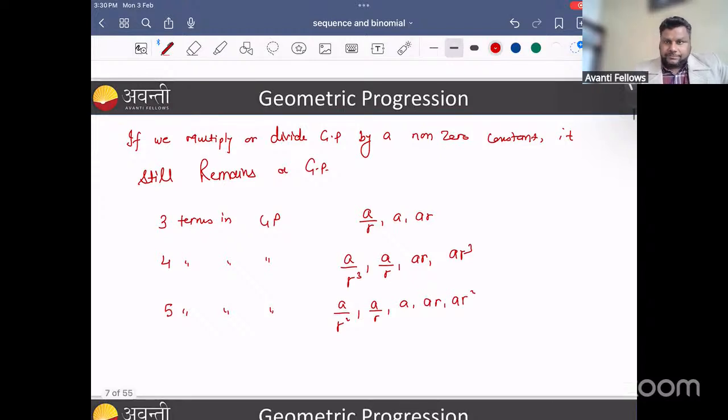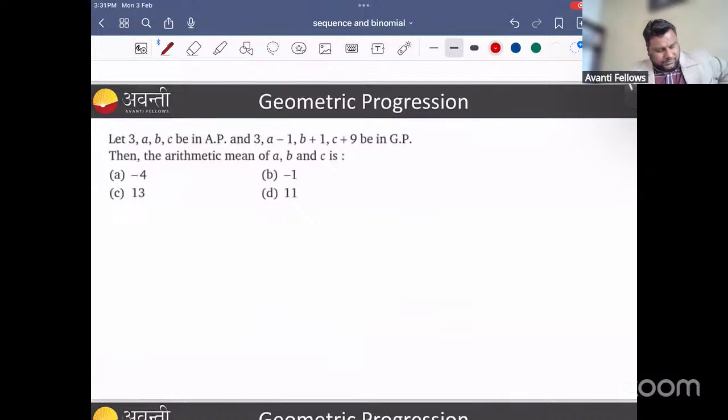Have a look quickly. Got it? Now, 3, A, B, C being in AP.